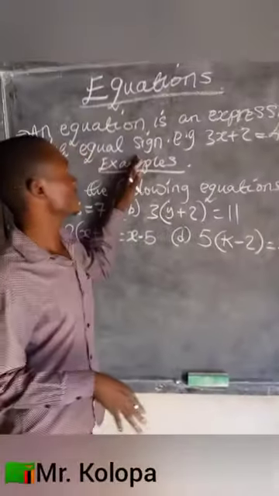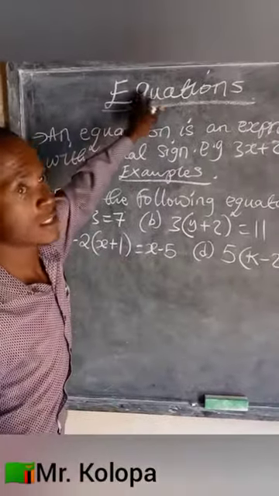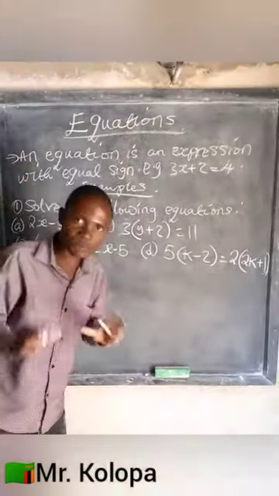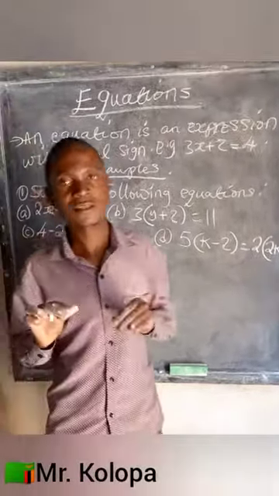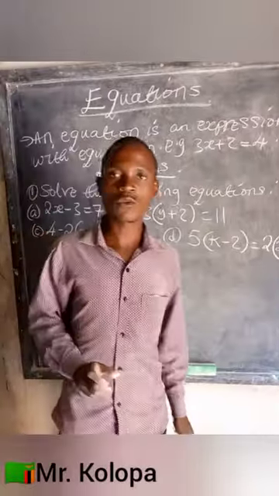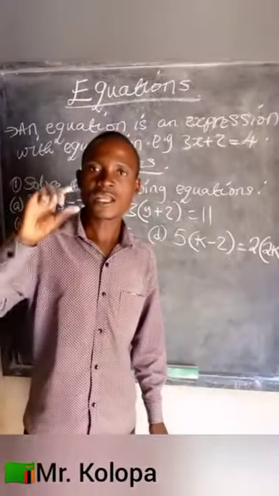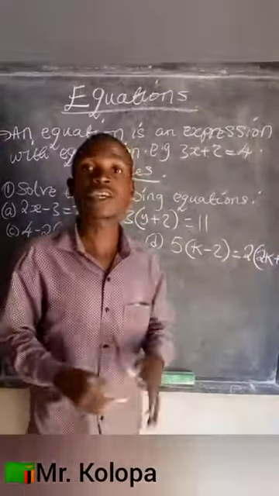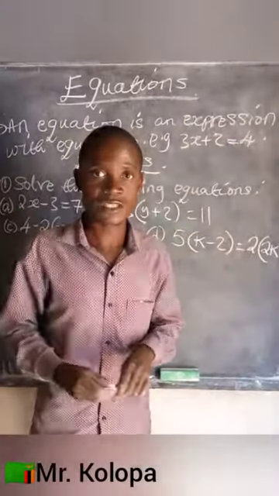Let's now look at what an equation is. An equation is an expression with the equal sign. For you to call an expression an equation, you are supposed to have the equals sign.